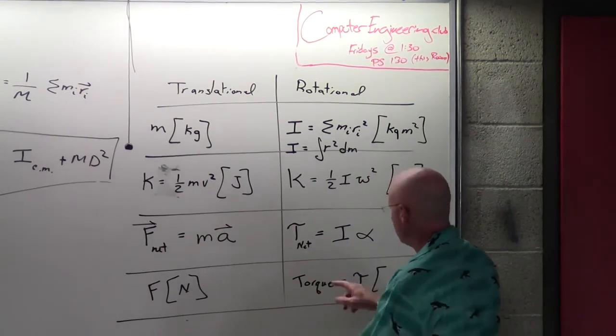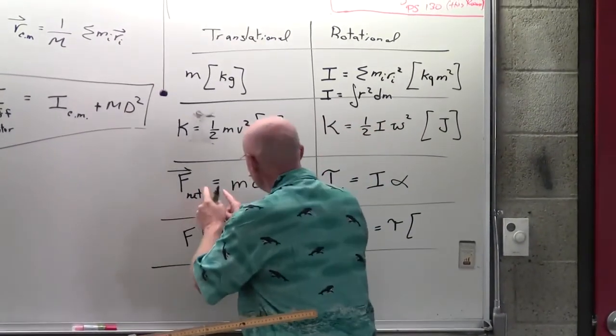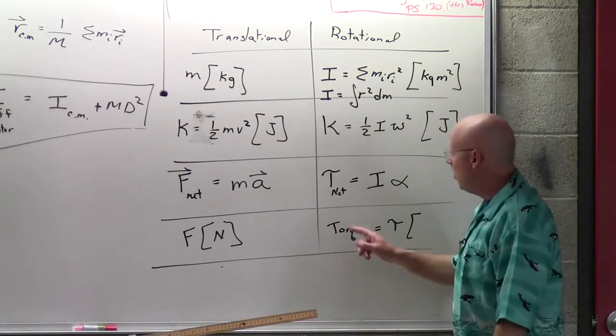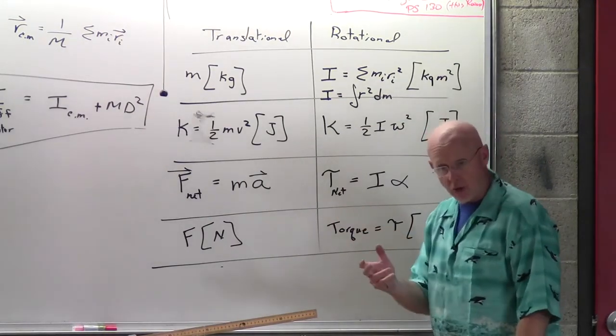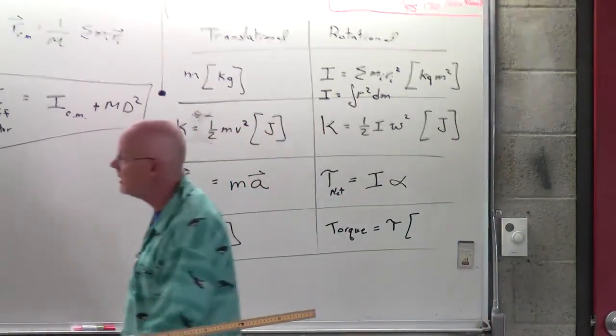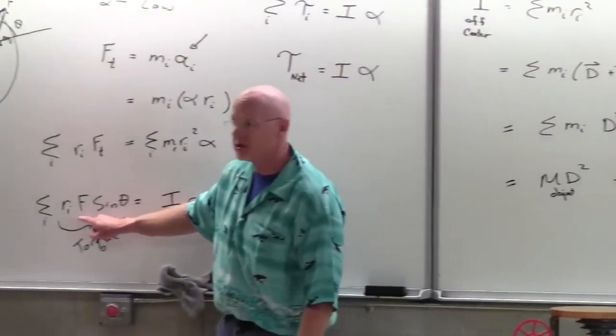And so torque equals I alpha, just like force equals ma. Now, we probably should spend a little bit of time talking about torque. I think torque is also conceptually a little bit harder to understand. I do want to point out, notice torque is not just force.